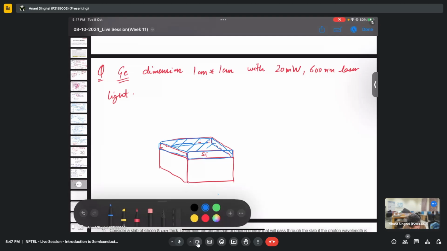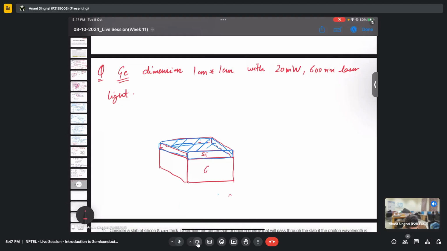It looks empty. And this below thing is germanium. So the question is saying that this particular material is illuminated with 20 milliwatt of energy, 600 nanometer of wavelength, and the area is 1 centimeter by 1 centimeter. Let's say the thickness of germanium is T, and sorry, this is SiO2. The thickness of SiO2 is 100 nanometer.